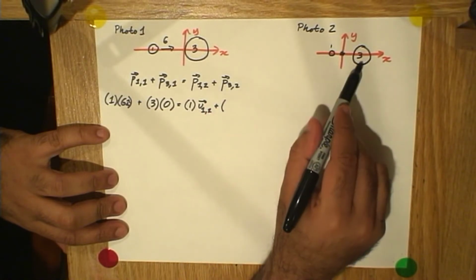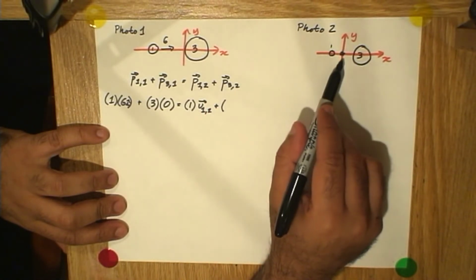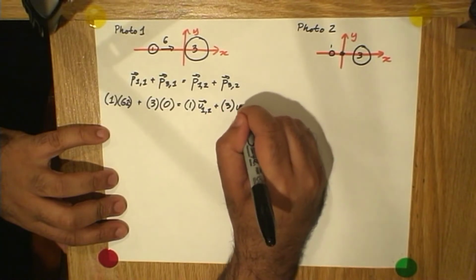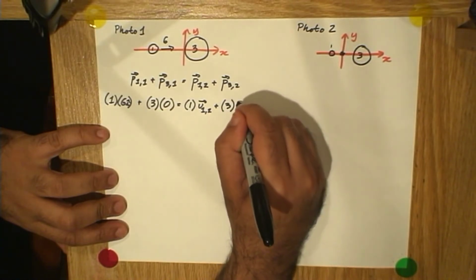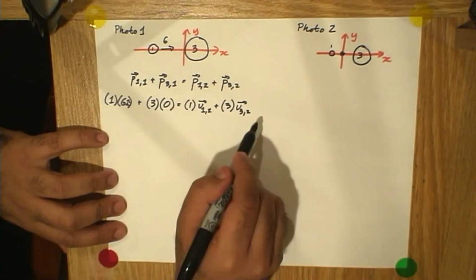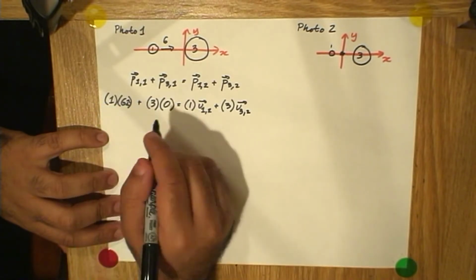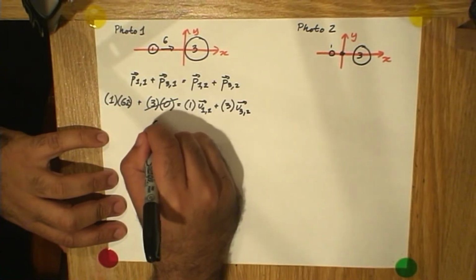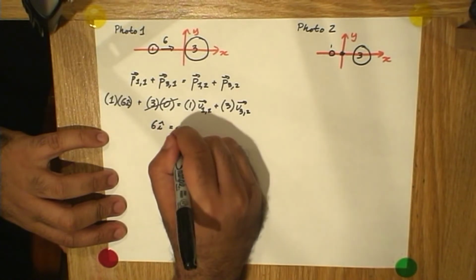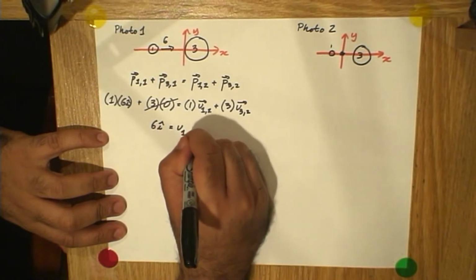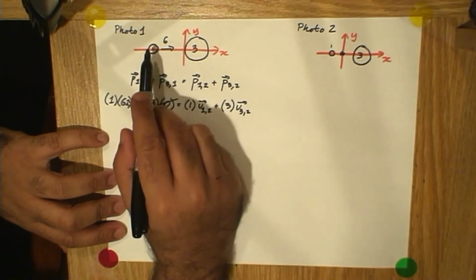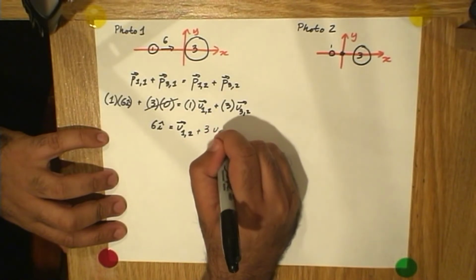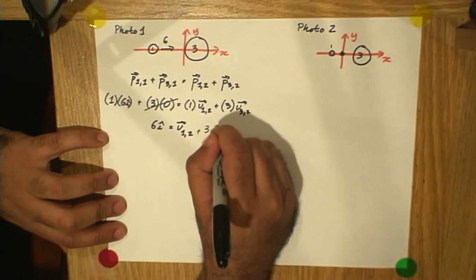And for the 3 kilogram object, the mass of this object is still 3 kilograms, but we don't know what its velocity is either. Simplifying all of this, we get 1 times 6i gives us 6i, and 3 times 0 cancels. So 6i hat is equal to the velocity of the 1 kilogram object in photo 2 plus 3 times the velocity of the 3 kilogram object in photo 2.